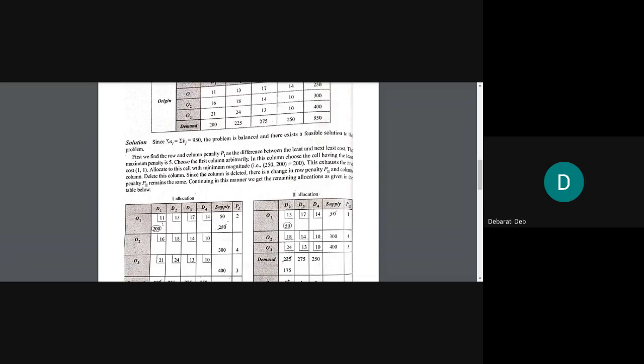You write this first line in the solution part that you can see. The problem is balanced and there exists a feasible solution to the problem.